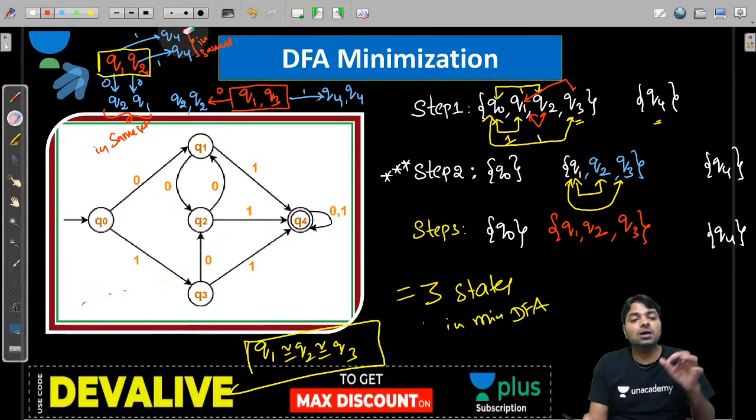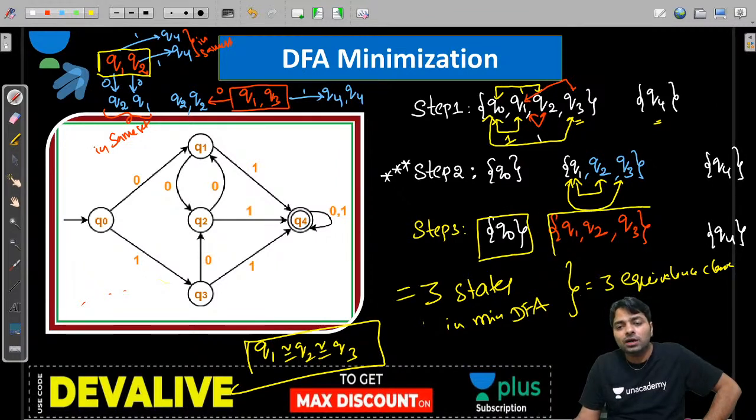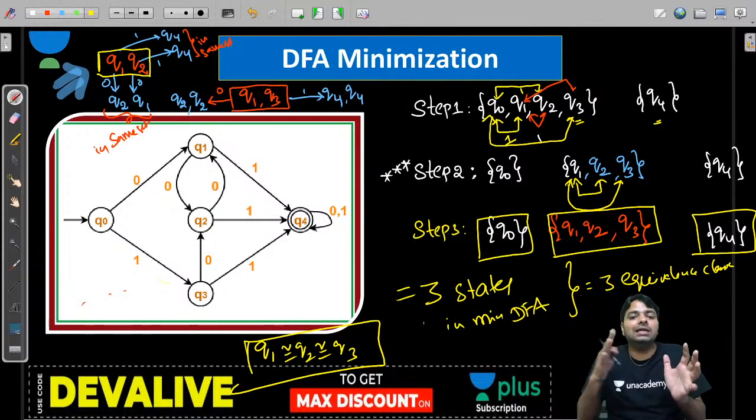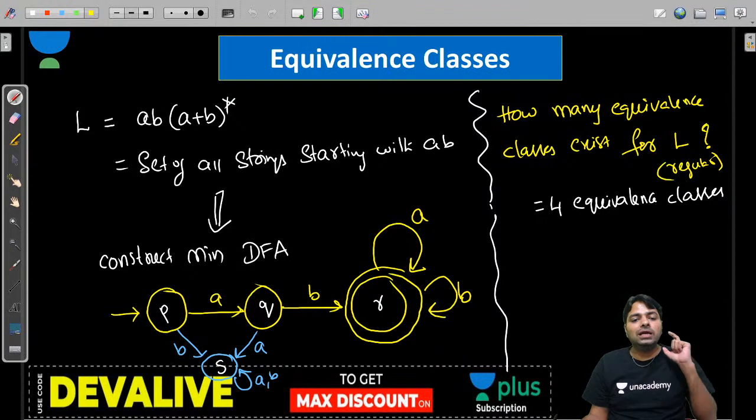Remember, Q1, Q2, Q3 is 1 equivalence class. Here we have 3 equivalence classes: Q0 is 1, Q1, Q2, Q3 together is 1, and Q4 is 1. Yeah, 4 equivalence classes in the earlier one.